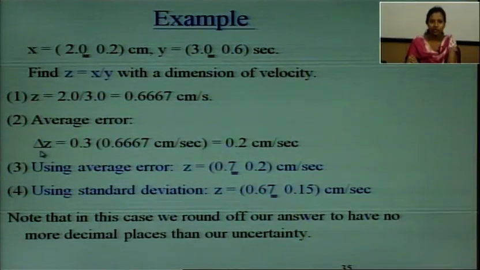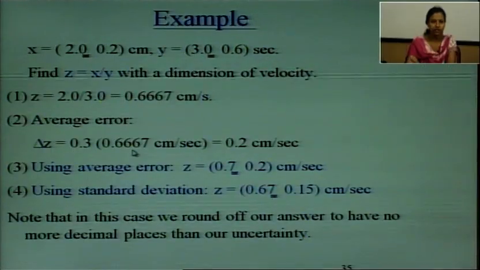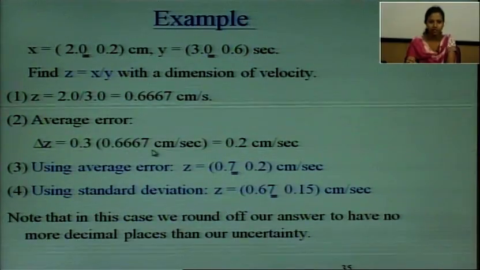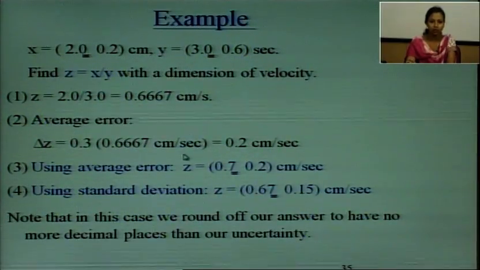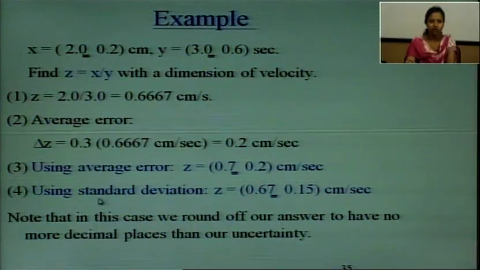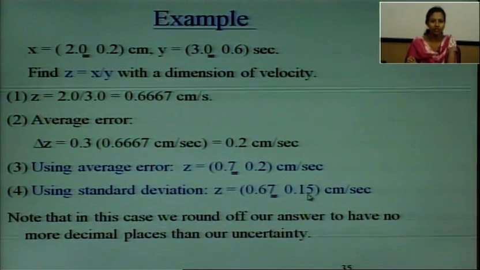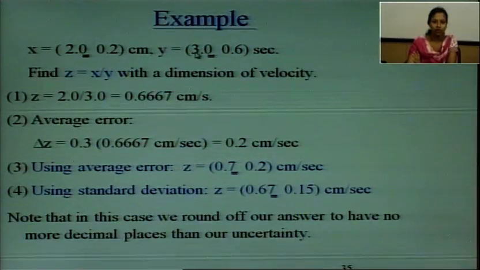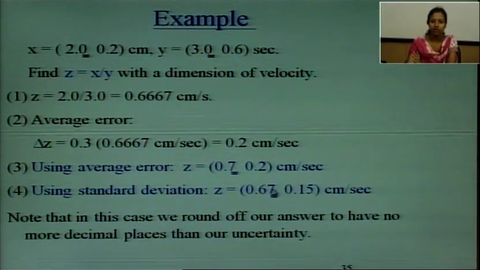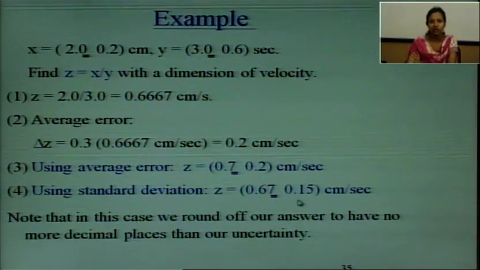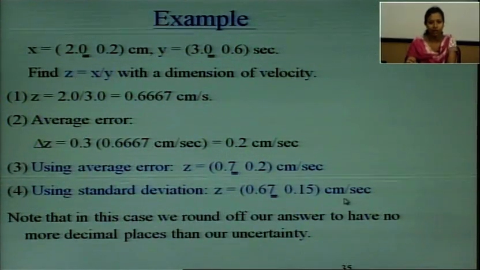So average error, delta Z is equal to 0.3 into 0.6667, which is equal to 0.2. But if we take the standard deviation instead of the average error, then it is equal to 0.15. So with the standard deviation, it is equal to 0.67 plus minus 0.15. But if we want to round the answer, then it is also equal to 0.7 plus minus 0.2 centimeter per second.